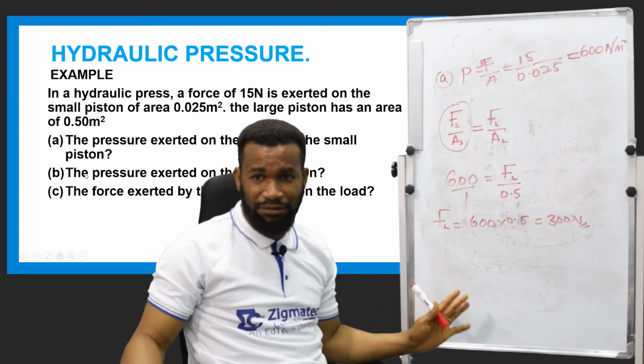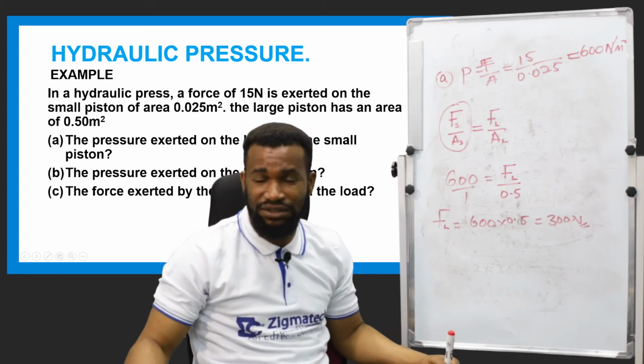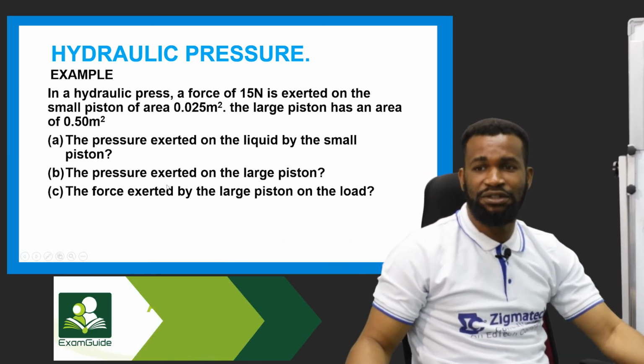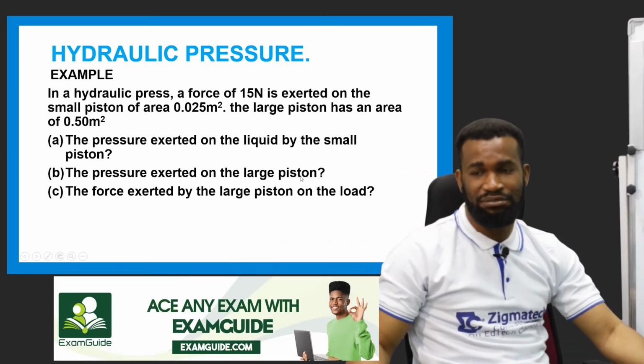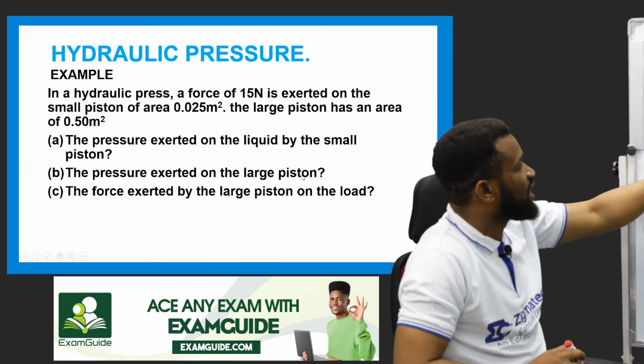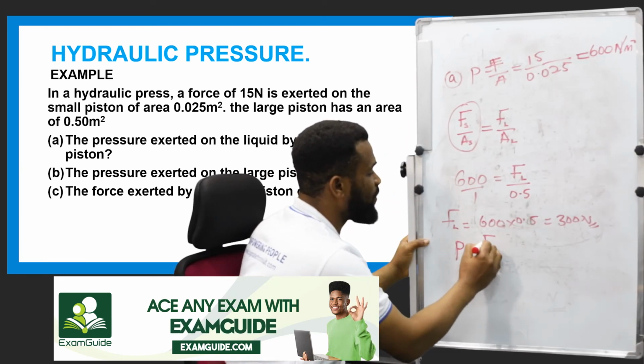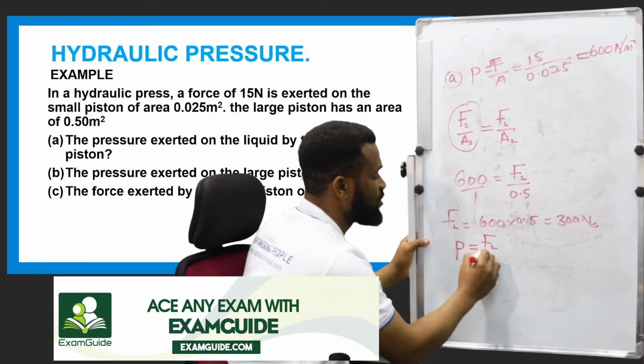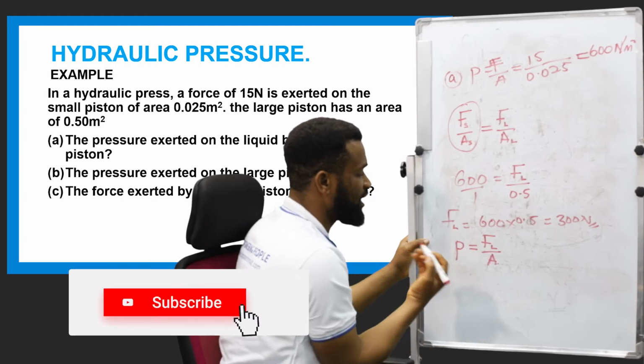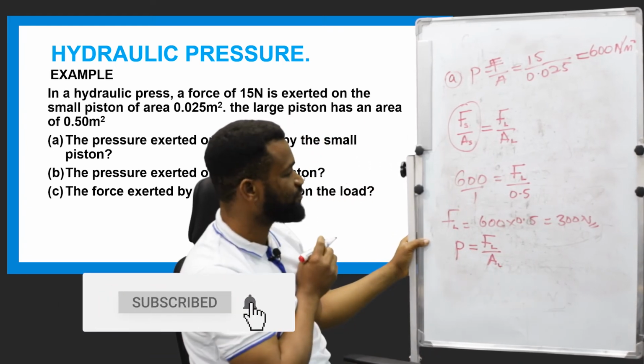That is the force on the larger piston, but that's not the pressure on the larger piston. Now the question is, what is the pressure exerted on the large piston? To do that, we use this formula, because the pressure on the large piston is the force on the large piston all over the area of that piston.